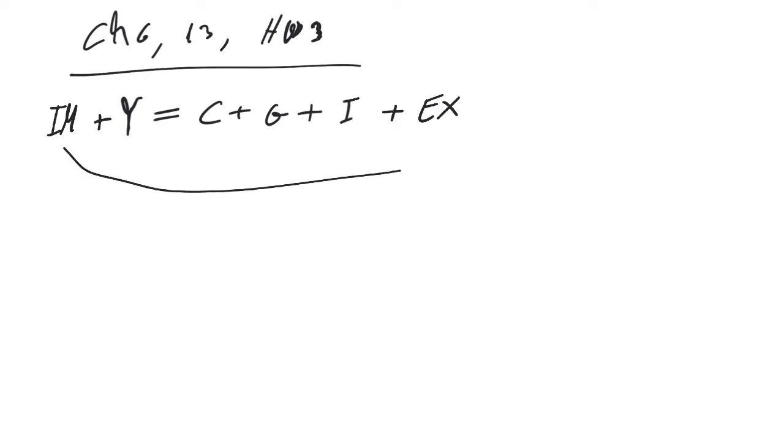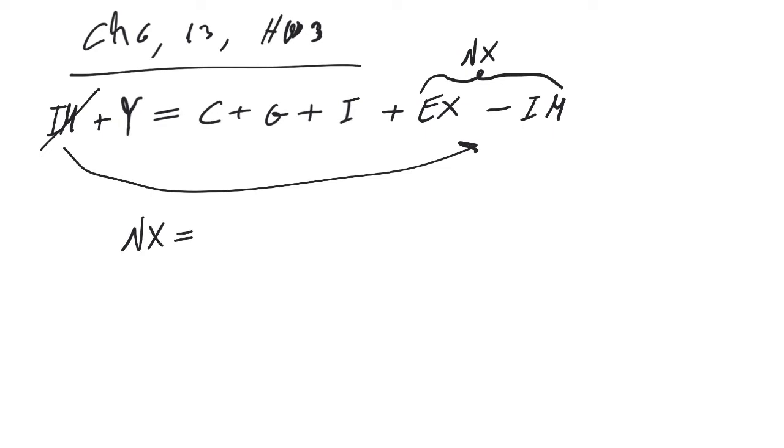And so we can move the import to this side, and the export minus the import is called net export. And now we can reorganize this equation to be net export is equal to y minus c minus g minus I. Now this part here, y minus c minus g, happens to be saving.